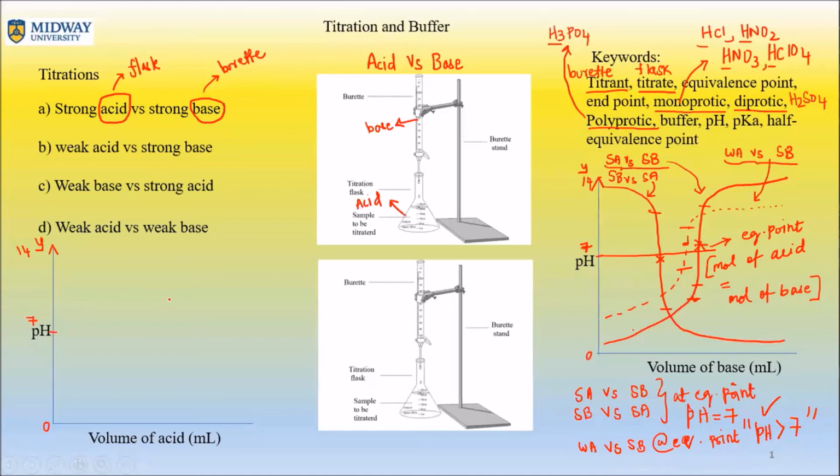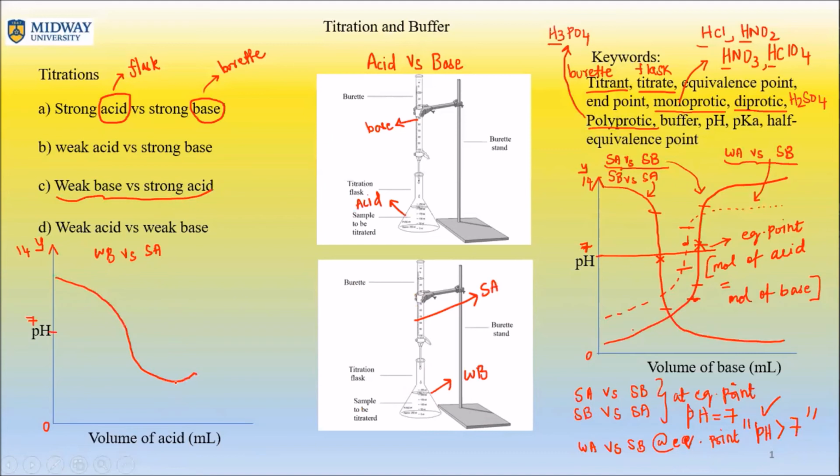Now let's turn our attention here. If this is volume of acid, that means let's choose this, weak base versus strong acid. That means we are starting with a base, and then we are adding strong acid. Like I said, whatever is in the burette, so this is weak base, and this is containing the strong acid. So that's why we put volume of acid. So we're starting with a base, and then we're gonna go like this.